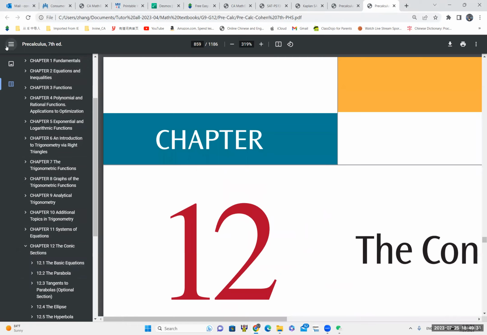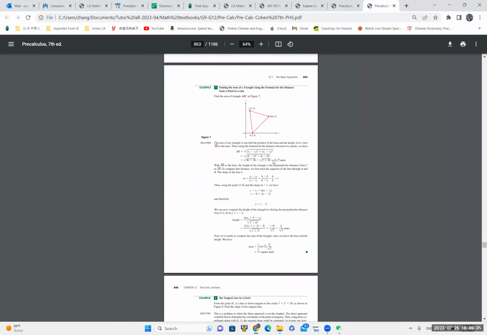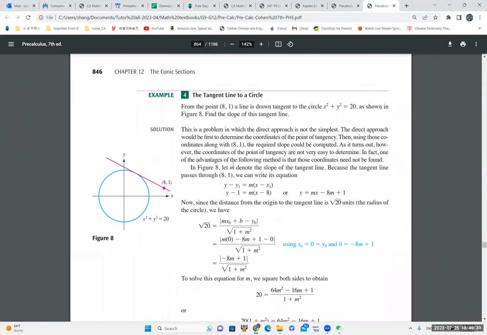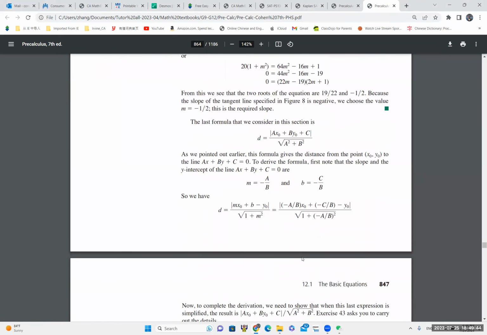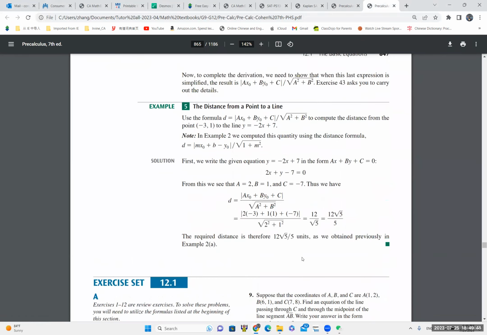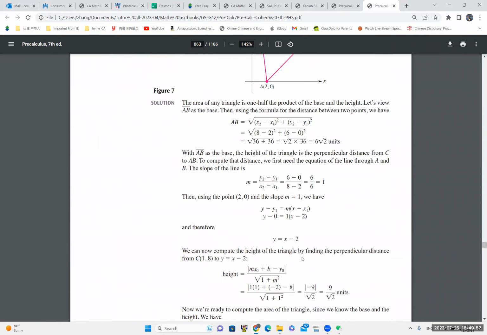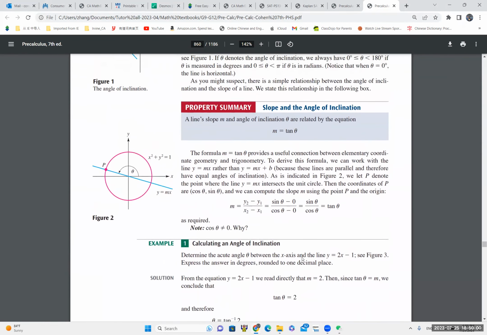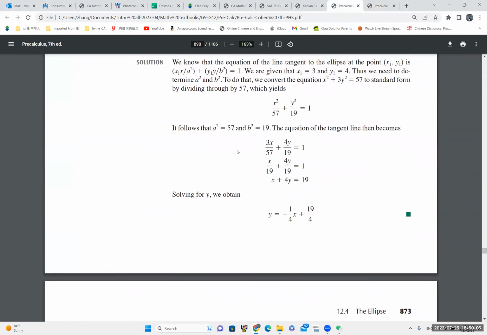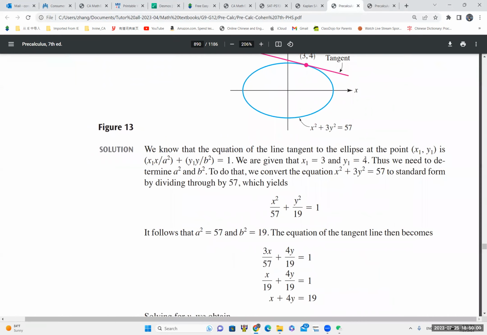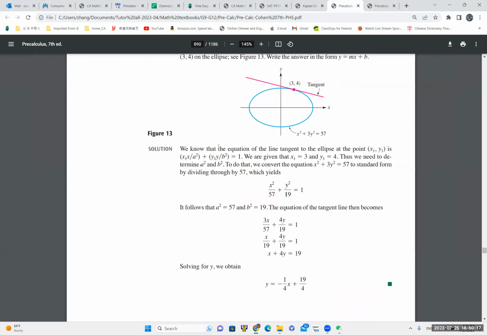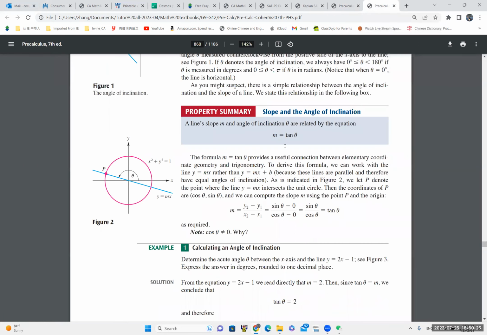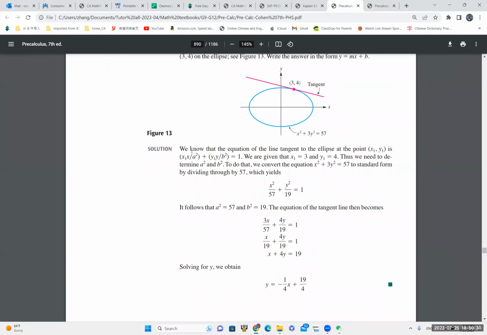Basic equation. Tangent line to a circle. Distance from point to a line. No? Where do they have the formula for the tangent line? Did I mention this? We know the equation of the line tangent to the ellipse at a point. I suppose this is a conclusion from calculus.